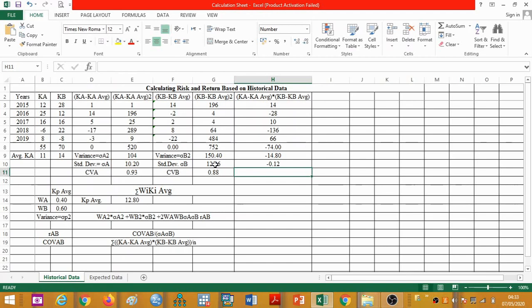Again, it's up to 2 decimal places. You can increase or reduce the number of decimals from here, but if we keep it up to 2 decimal places, it's minus 0.12.